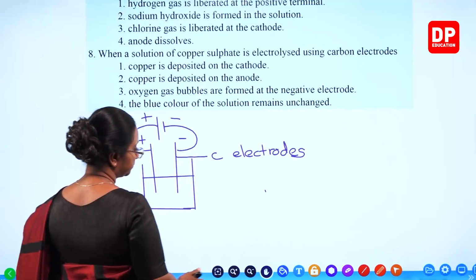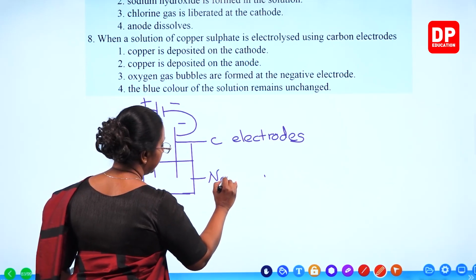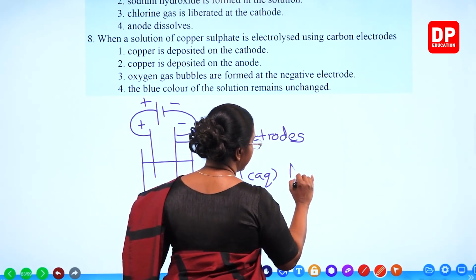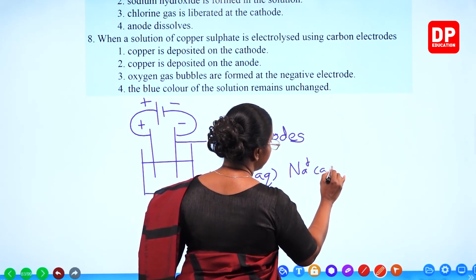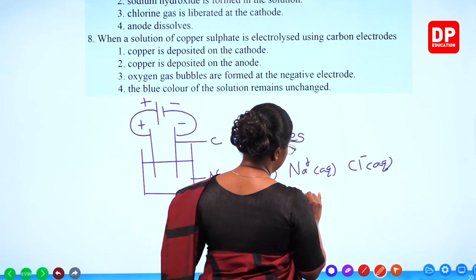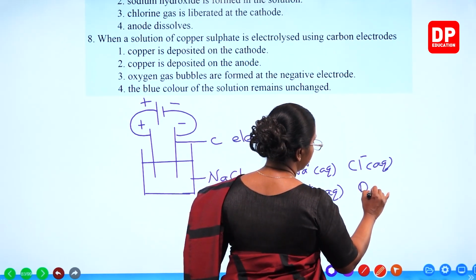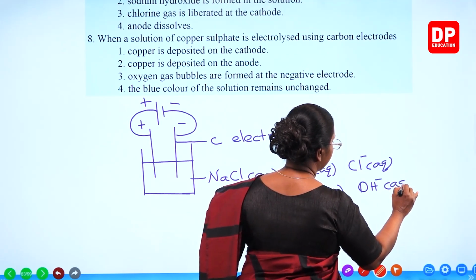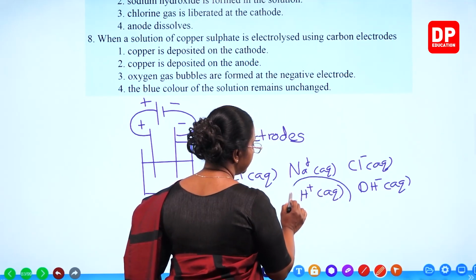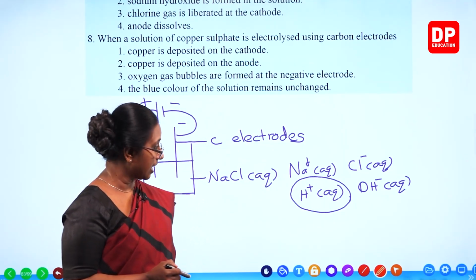So what will happen there? This is NaCl aqueous. So that has the ions Na+ aqueous, Cl- aqueous, then H+ aqueous, and OH- aqueous. Out of those, you all know H+ is less reactive, therefore it will undergo reduction.